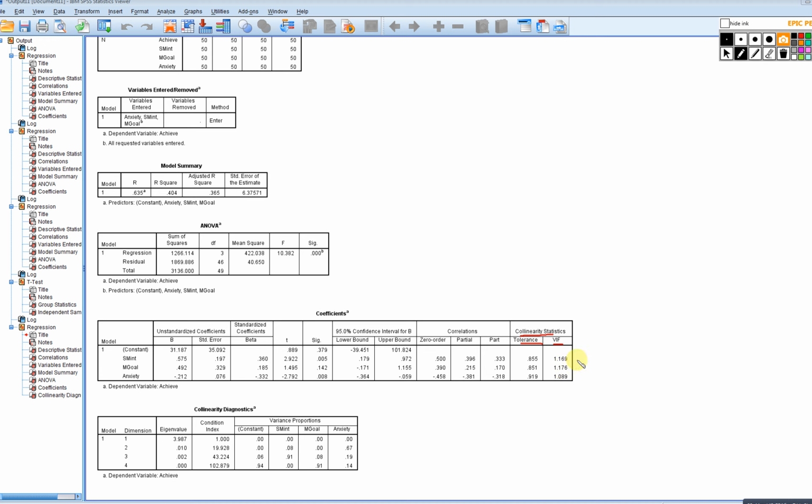Really what you're looking for are tolerance values that are greater than 0.1 and VIF values that are less than 10. Based on these values, there doesn't appear to be any kind of collinearity problems among the predictor variables.